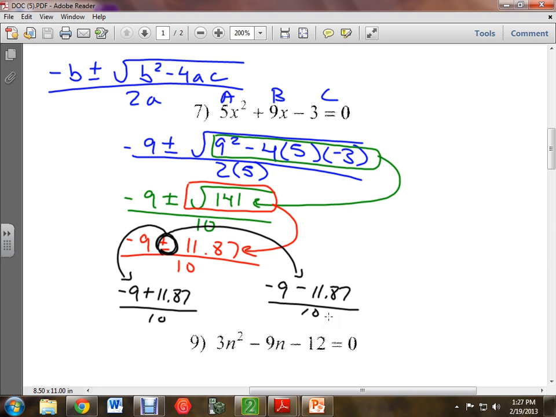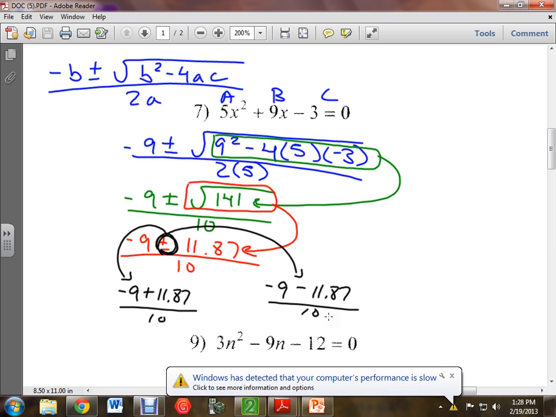Once we calculate both, those are my two answers. Negative 9 plus 11.87 is 2.87 over 10, which is 0.287. So 0.29 is the answer for that.